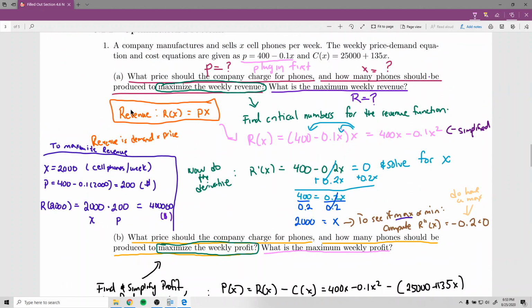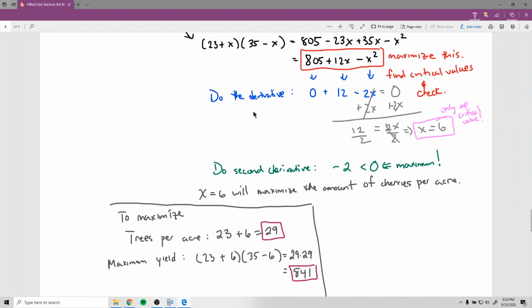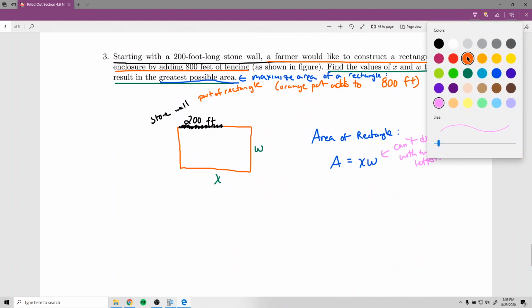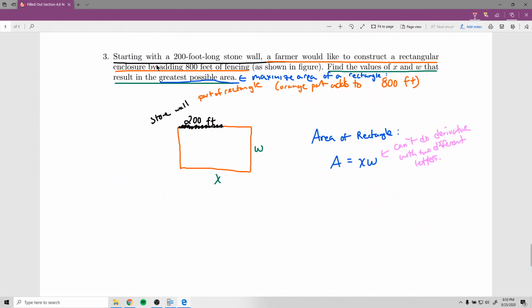In number one, we had the revenue formula was P times X, but we happen to be given the formula for P. All right, now in our problem here, we're not given another formula, but we are given something else to figure out. We are told that there's 800 feet of fencing, and that'll actually help us solve for X in terms of W and plug it in.